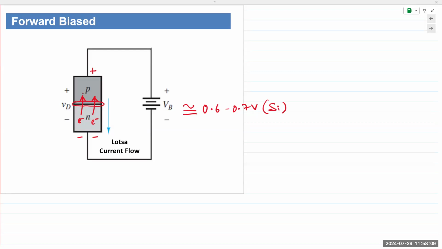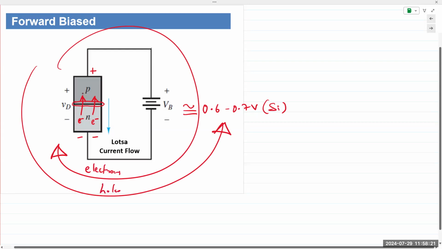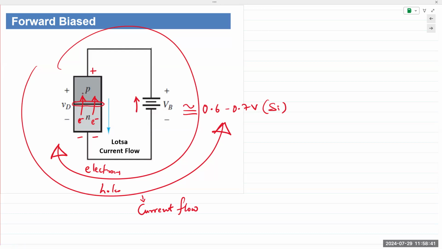So if electrons are moving in a clockwise direction, holes are moving in the opposite direction. So these are electrons, and these are holes, which is also the direction of the current flow, which again ties back to the passive reference configuration. Current for a source always goes from minus to plus. Any questions?